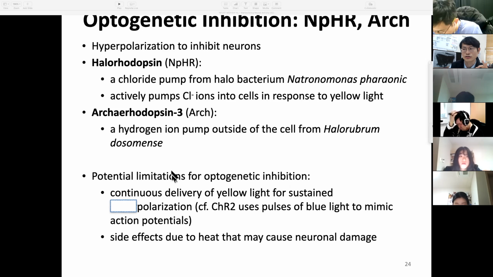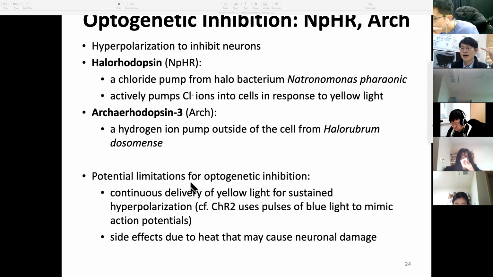You can think of it as very easy, but in the case of optogenetic inhibition, there are practical issues. Because to block this, you have to continuously deliver yellow light for sustained hyperpolarization. While with channelrhodopsin, you just give a single shot of blue light, and it will cause an action potential.